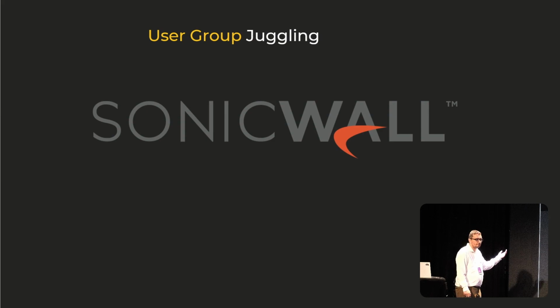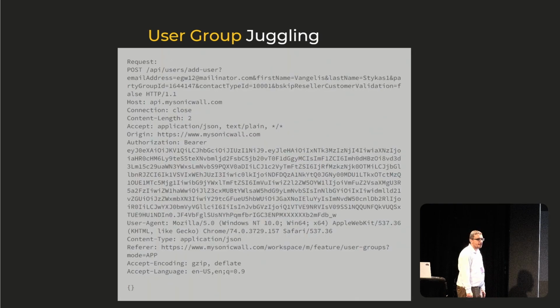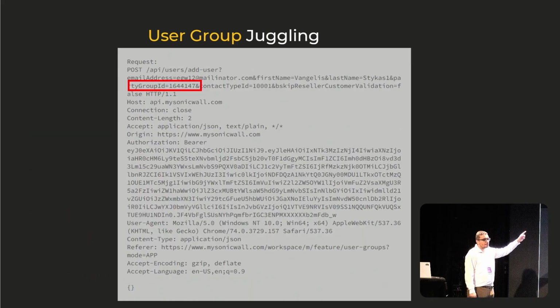You know, SonicWall is, I think, the fifth biggest firewall provider. Can you see the issue here? They're providing the party group ID, and I just added another party group ID.